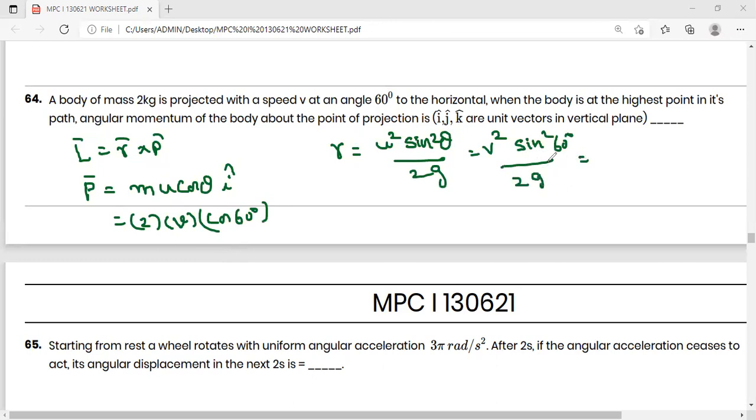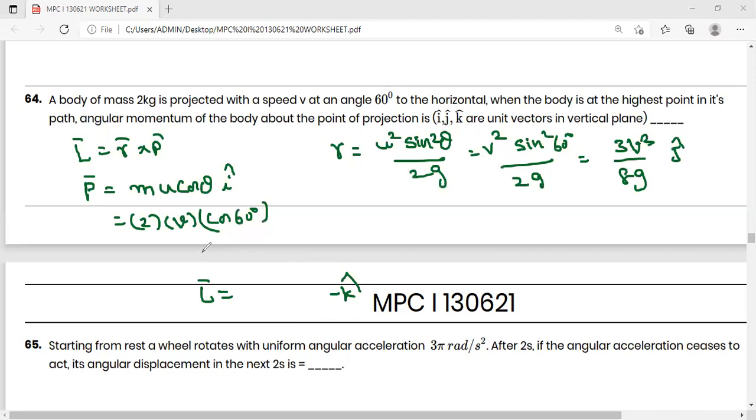Sin 60 will be how much? Root 3 by 2. Sin square will be 3 by 4. So 3 v square by 8g. And of course, this is along j cap. So if I calculate r bar cross p bar, j cap cross i cap will be minus k cap.